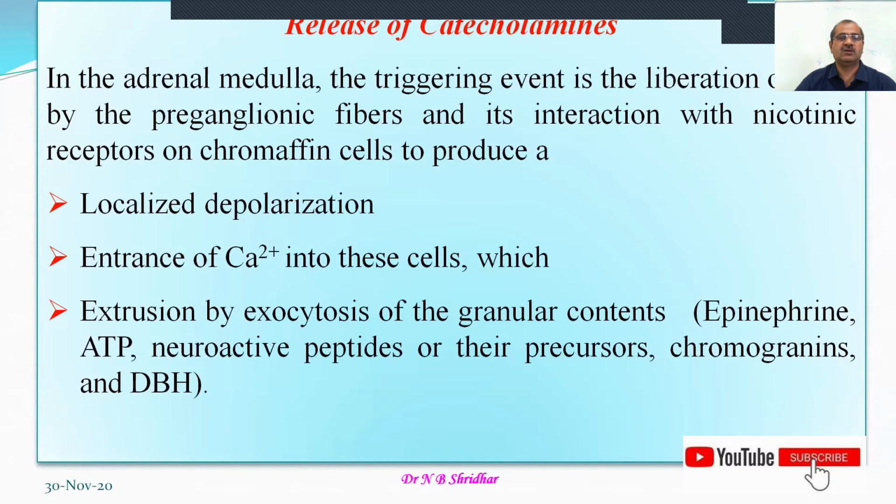The liberation of acetylcholine by stimulation of preganglionic fibers causes a localized depolarization and entrance of calcium into these cells, which leads to extrusion by exocytosis of the granular contents.